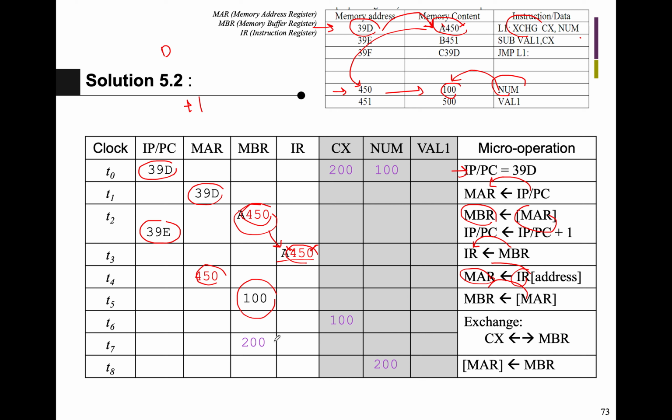CX will be 100 and your num will now be 200. Next you're going to put your MBR to the MAR address. So your MAR address will be num.